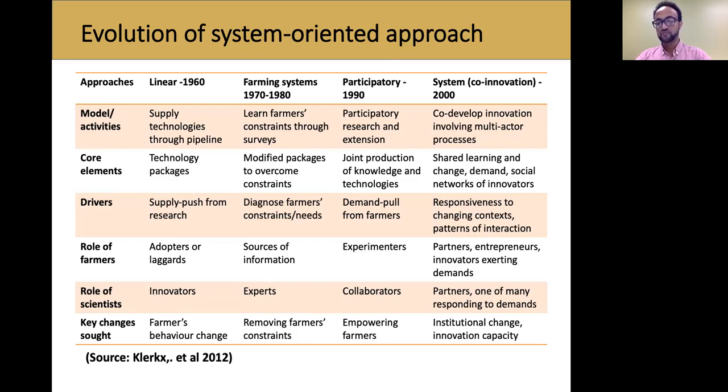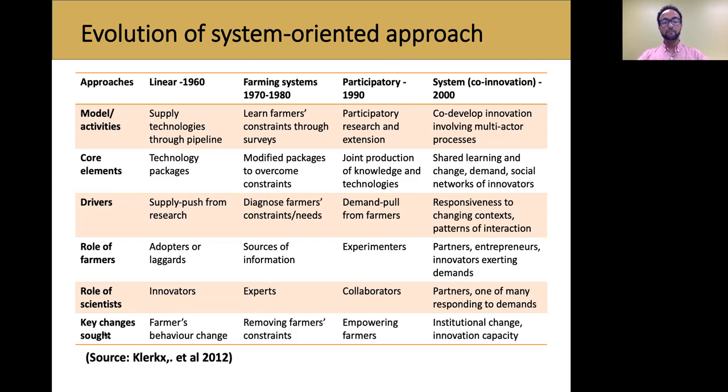They are one of many responding to demands, because in the system-oriented approach researchers are considered only one source of knowledge. Responding to farmers' demands can come from different actors, such as the private sector, NGOs, and other stakeholders.